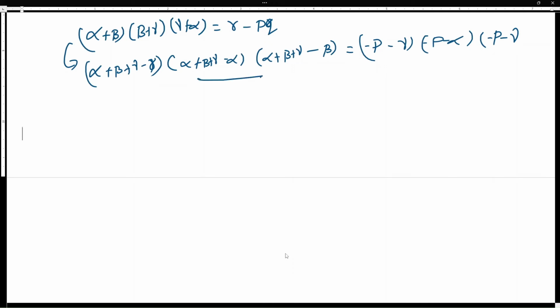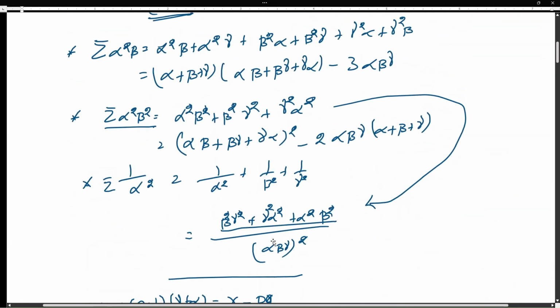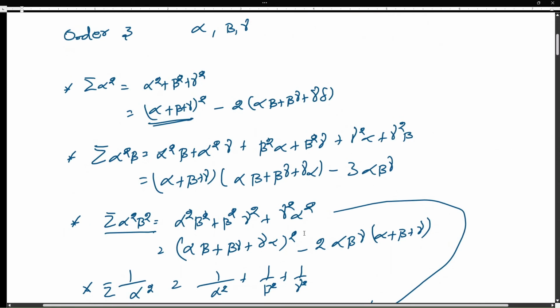It can be solved using power 3 or order 3. In order 4, we can reuse the formulas of order 3 a lot. How? If you have summation of alpha square beta, whatever we used here, we can reuse the same formula here.